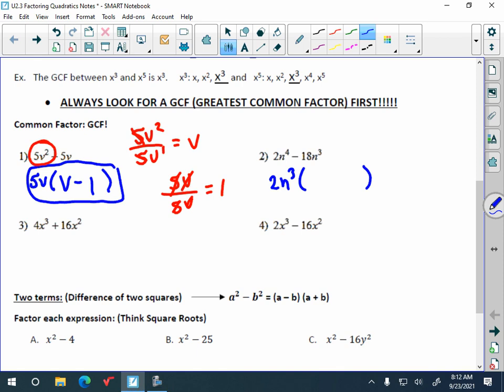All right, so 2n to the 4th divided by 2n to the 3rd is going to be n. Minus. Now, what's 18n to the 3rd divided by 2n to the 3rd going to be? Yeah, good. It's going to be 9. So we'll have n minus 9 instead.